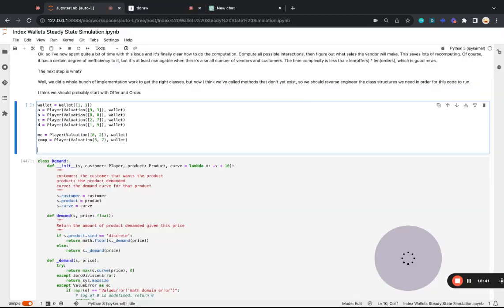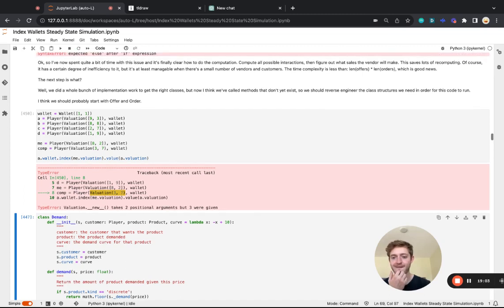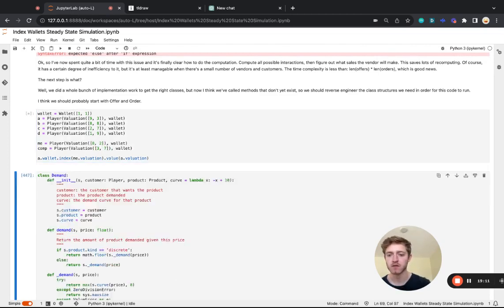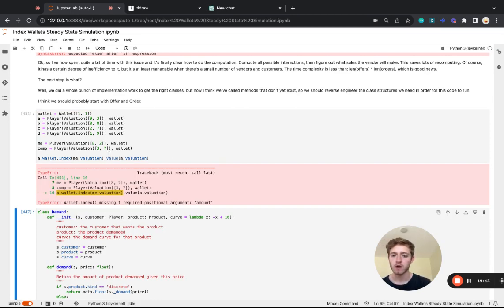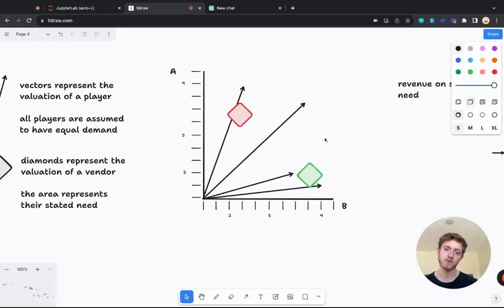So now we can calculate the a.wallet.index over to me.valuation.value, a.valuation. So this should give us the amount, right? And then we need the amount. How are we going to do amount visually?